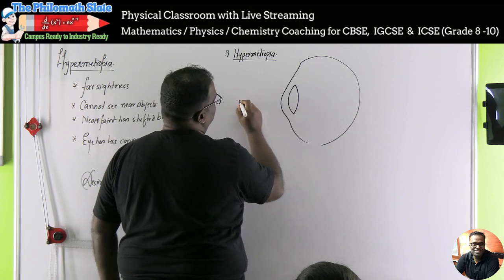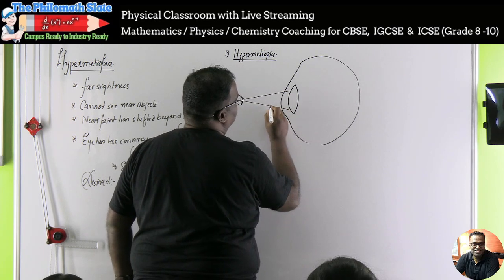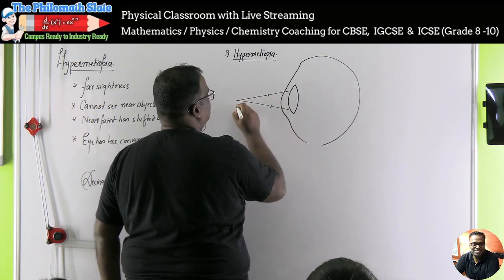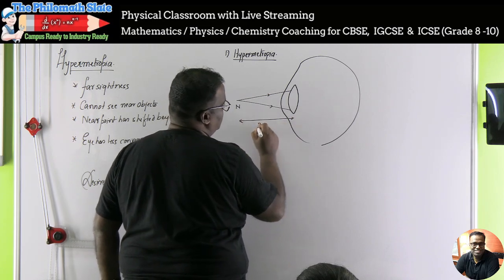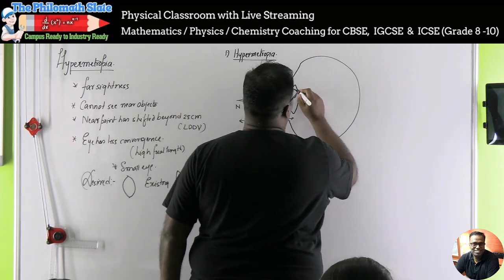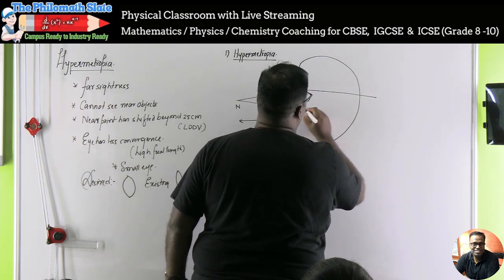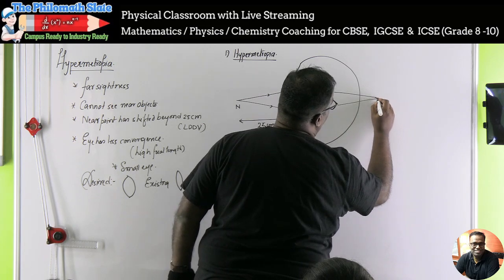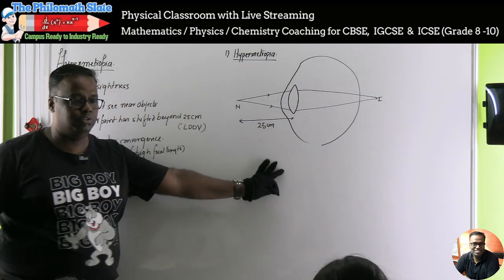So this is the near point. This is my normal near point, and this distance should be 25 centimeters. The eye has less convergence power. As a result, the image is forming beyond the retina. So say the image is forming here. This is the problem with the eye.